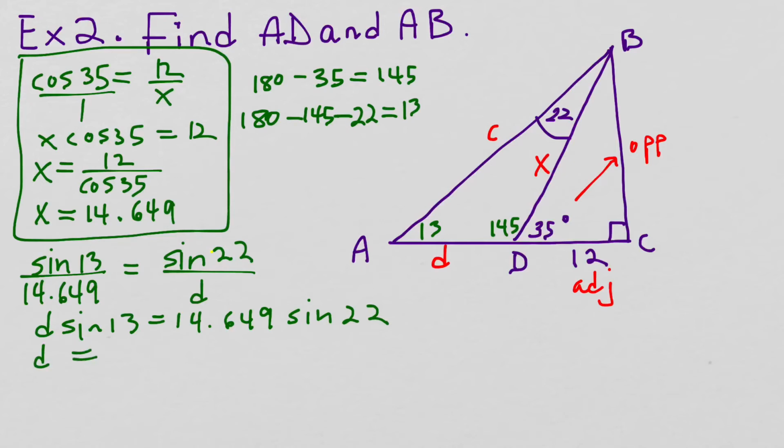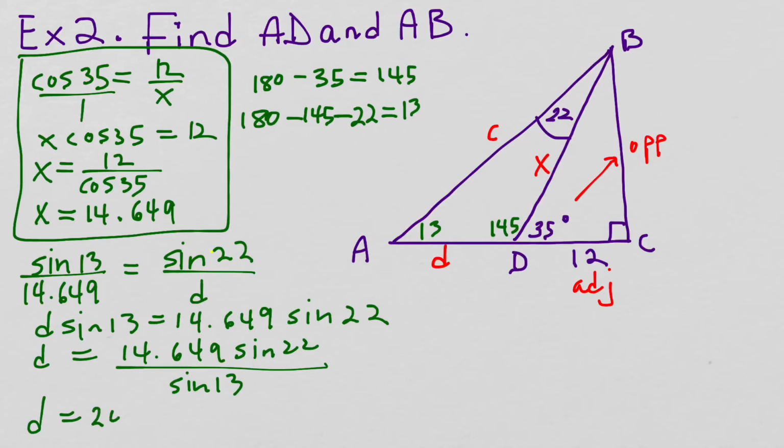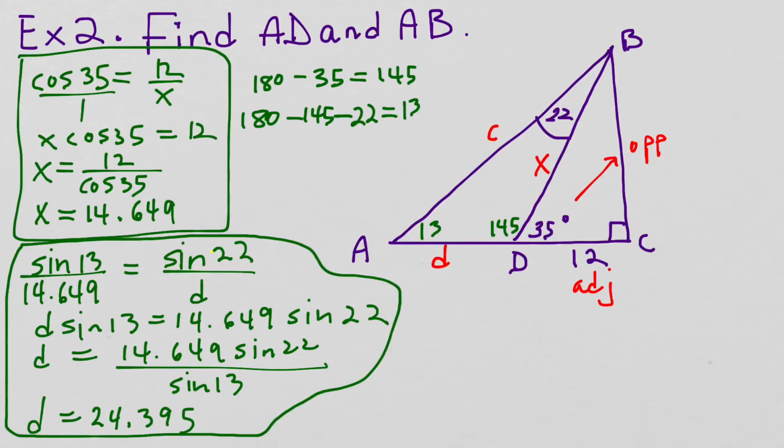This is a divide: 14.649 sine 22 divided by sine of 13. So little d, I'm getting 24.395.